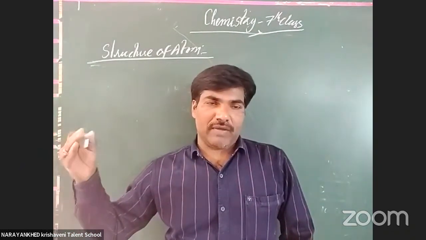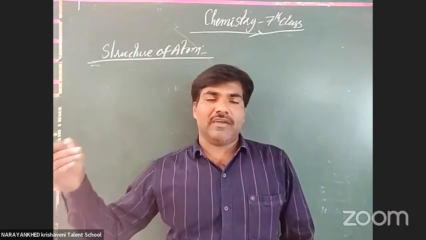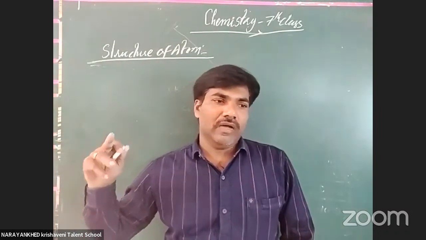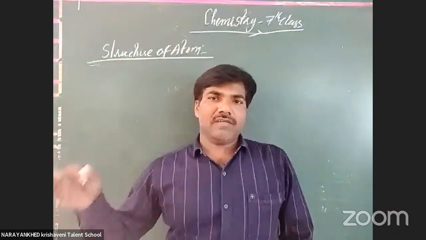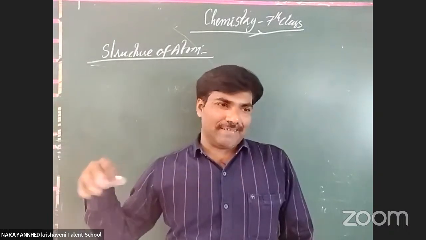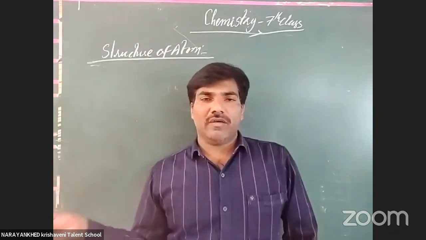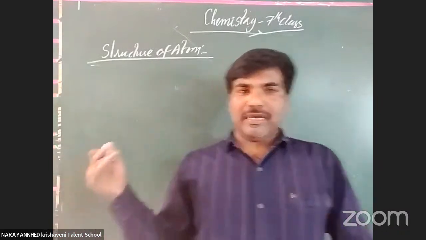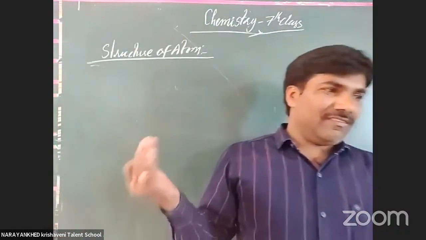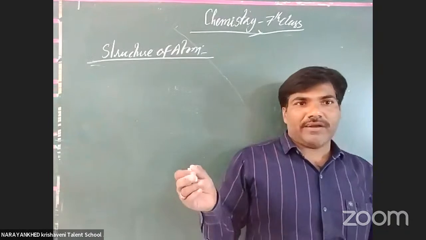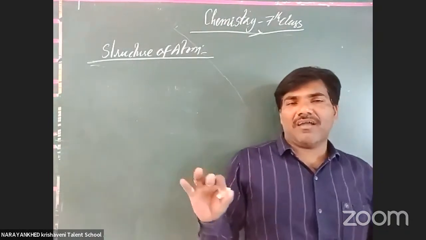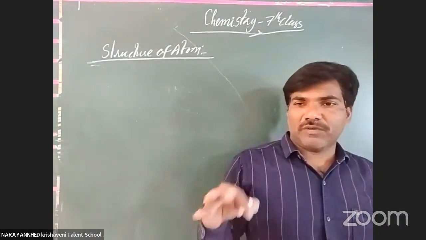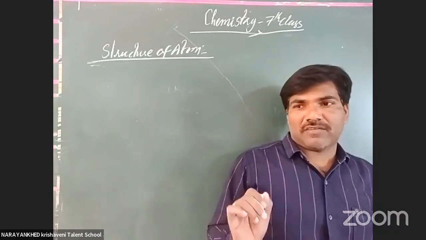Clear on that? The matters are of three types: one is solids, another is gases, another is liquids. The solids, liquids and gases all contain particles inside them. Those particles combined together form one mass.